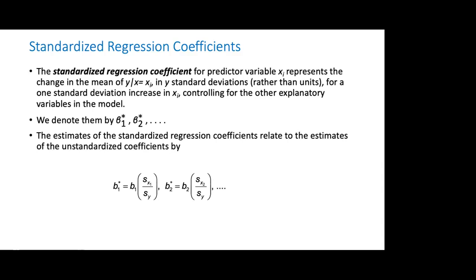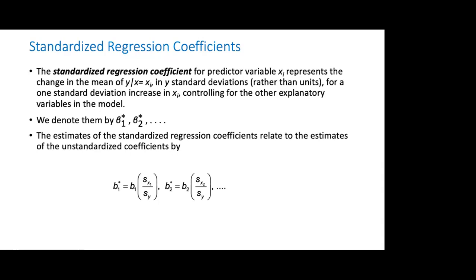And so there are different ways to denote those standardized regression coefficients. I think I mentioned it earlier. It's super confusing because sometimes they're simply called betas, where betas more frequently refer to the population regression coefficients.